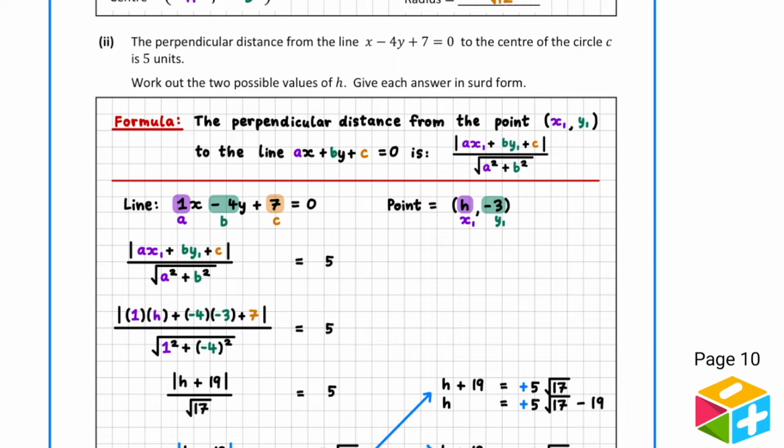In the formula, a refers to the number in front of the x, so here a is 1. b is the number in front of the y, so here b is minus 4. c is the constant term, so c is equal to 7. x1 and y1 refer to the coordinates of the point, so here x1 is h and y1 is minus 3. Let's sub these values into our formula.